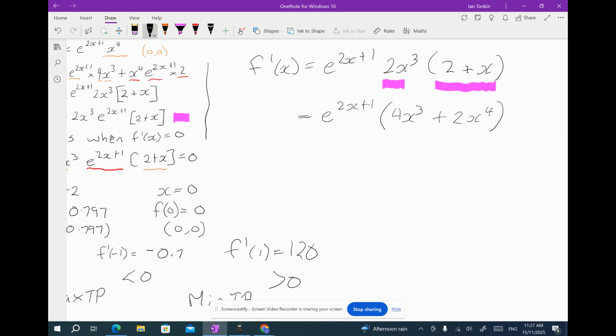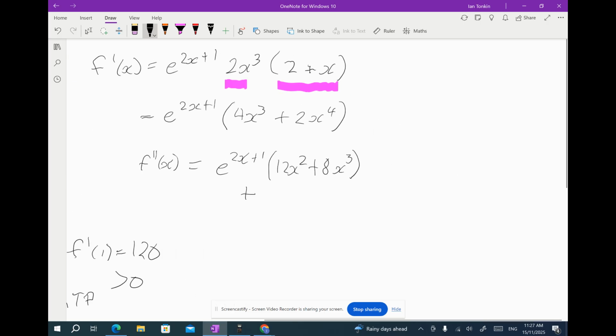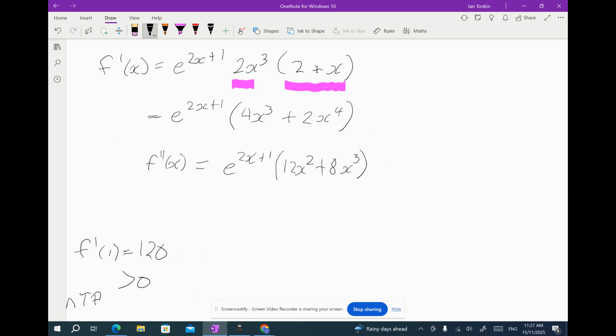Now I can do my product rule and I can find f double dash of x equals the first, e to the 2x plus 1, times the derivative of the second, so 12x squared plus 8x cubed, plus the second, 4x cubed plus 2x to the 4, times the derivative of the first, which is 2 e to the 2x plus 1.